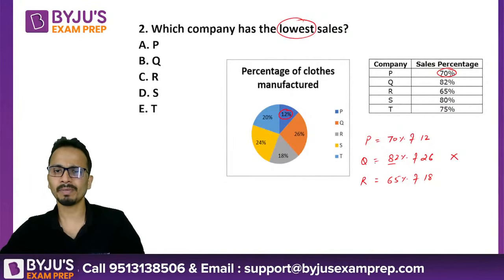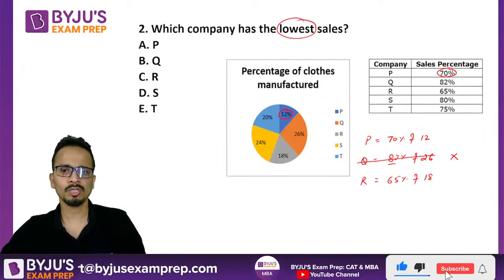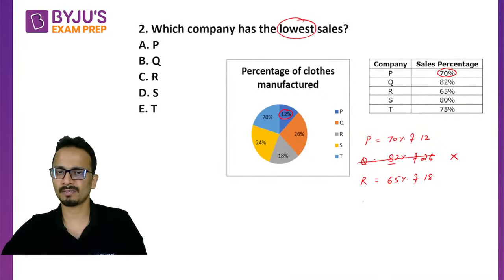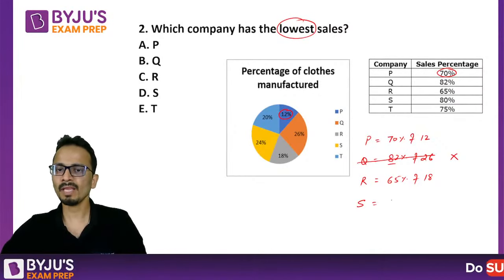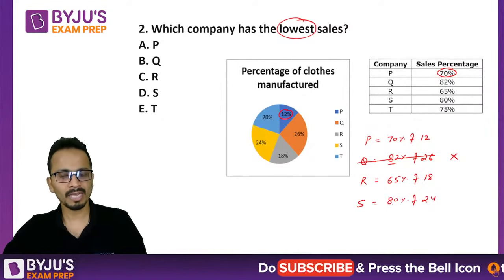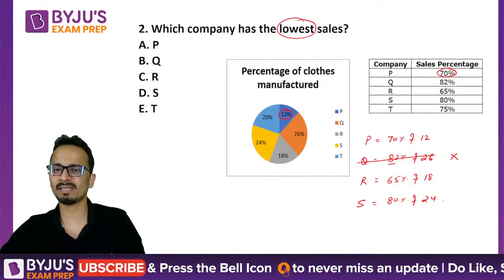अगर मैं P से compare करूं, so Q को तो eliminate कर दिया हमने, P से compare करते हैं. So 65 is less than 70 and 18 is more. So I'll keep the value of R. S, 80% of 24. Again, 80 is more than the previous values. 24 is also more than the previous values.